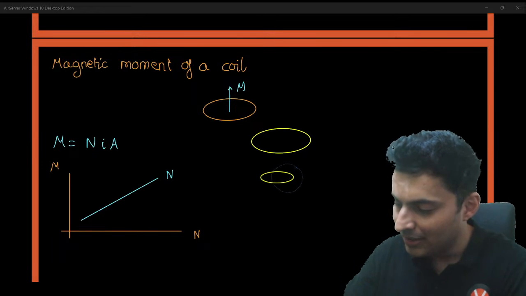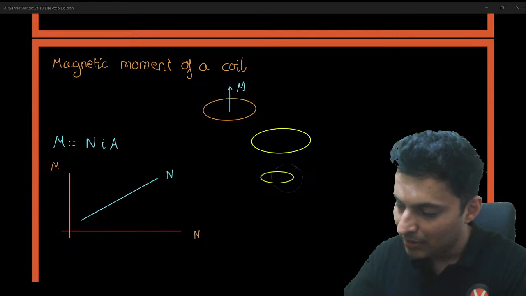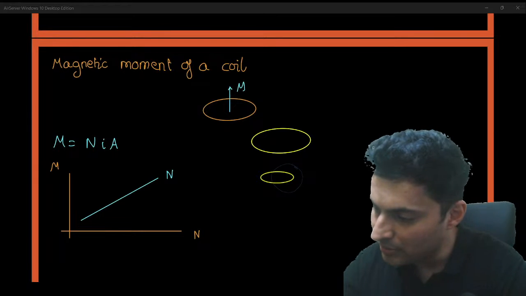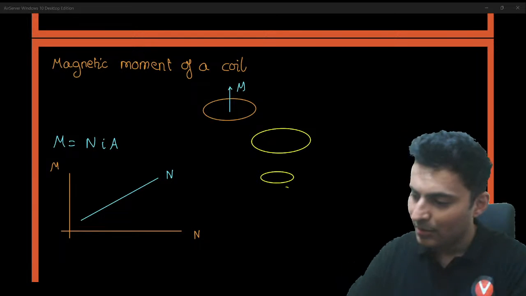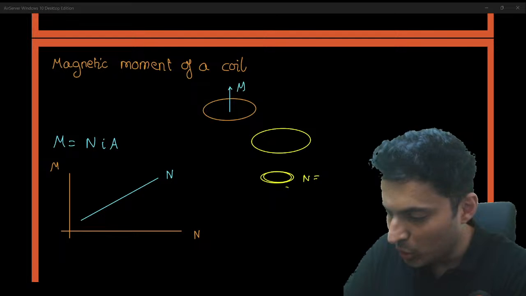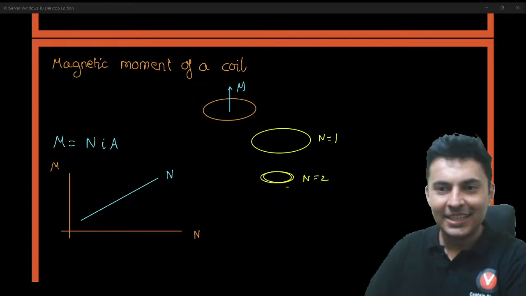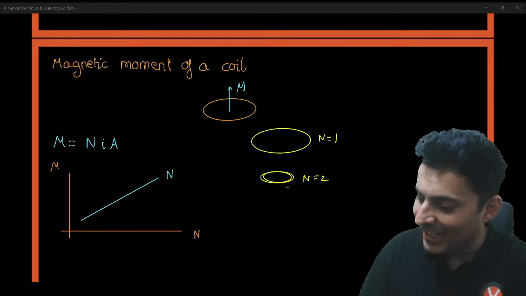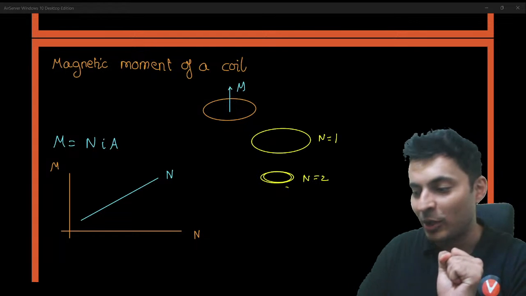N equal to 1, N equal to 2. And if you make 3 turns, it will become even smaller.